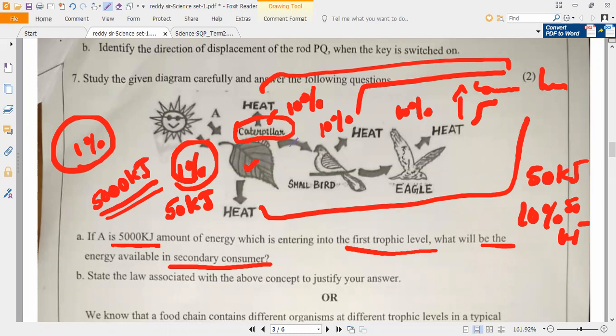Yes, sir. Now they are asking what? How much energy will be transferred in the secondary consumer? 0.5 kilojoules, sir. Yeah. Who is the secondary consumer? Bird, sir. Small bird. Understanding. This eagle is the tertiary consumer. Yes, sir. That is what is happening.